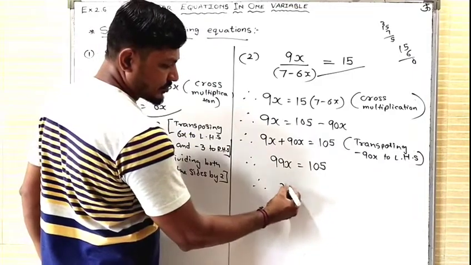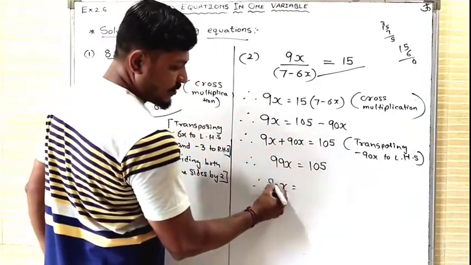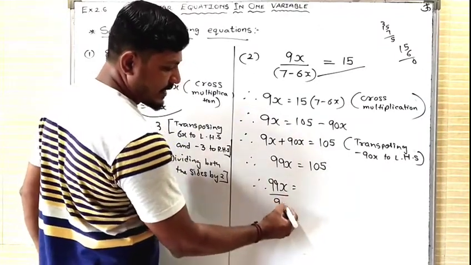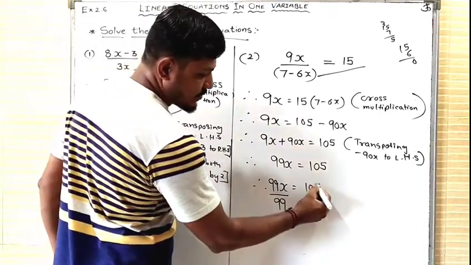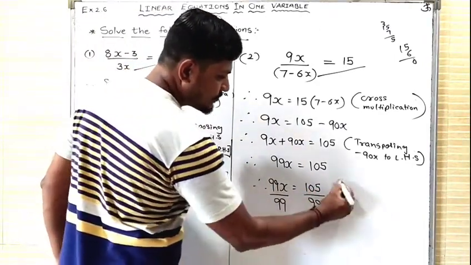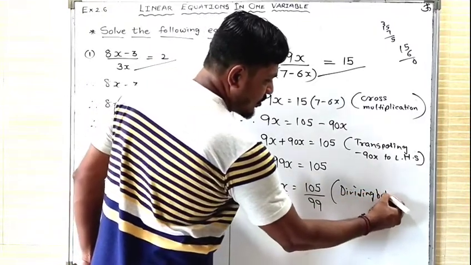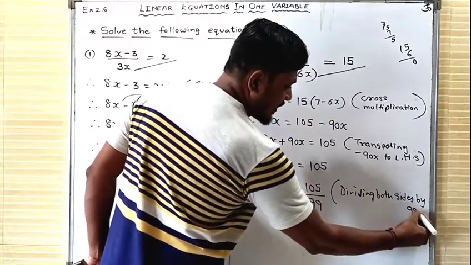Now we need to eliminate this 99. So I will divide 99x by 99. Whatever value I am taking toward my right, same value you have to take toward your left. Dividing both sides by 99.